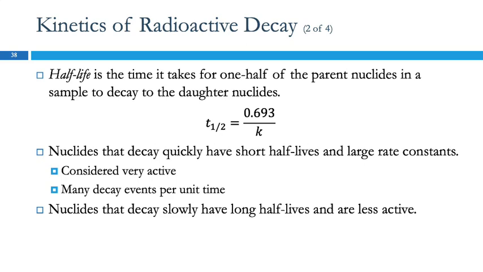So for first order kinetics, t1/2 is equal to 0.693 divided by the rate constant. So nuclides that decay very quickly have short half-lives because they have large rate constants. They're considered very active. There's going to be a lot of decay events per unit time. Things that decay slowly will have long half-lives and are less active.